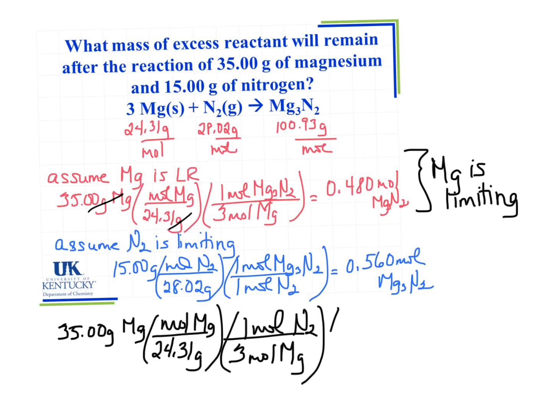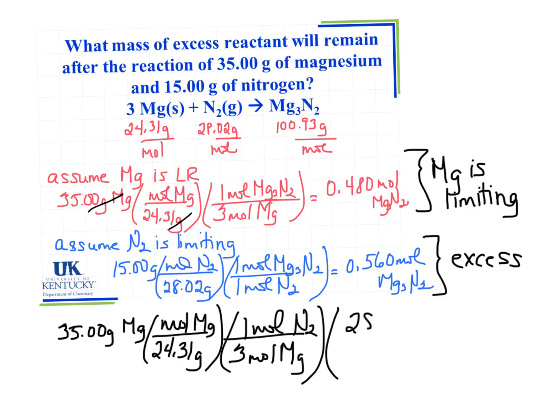I do need to go to grams on this one because I am trying to find the mass of the excess reactant. I've already identified that nitrogen is my excess reactant, so I've got to figure out how much extra I have. What I'm really figuring out is how much nitrogen I need to completely consume all of that magnesium.